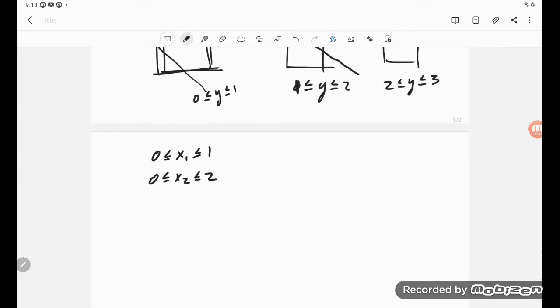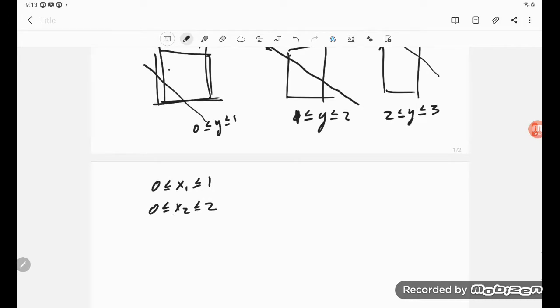And we also have, from this curve, that x2 is y minus x1. So this curve becomes 0 less than or equal to y minus x1 less than or equal to 2.